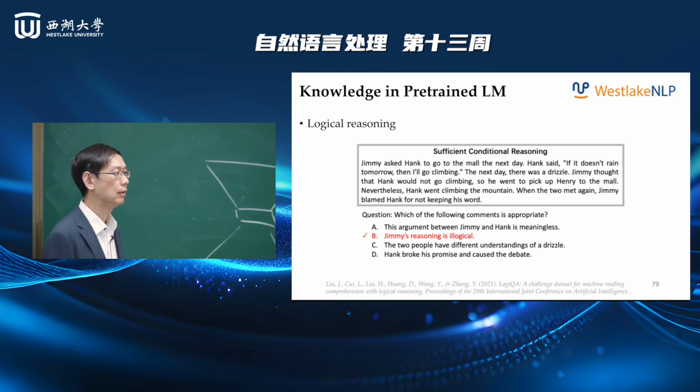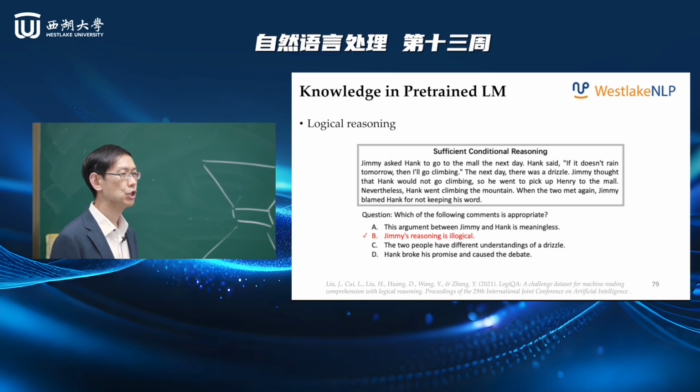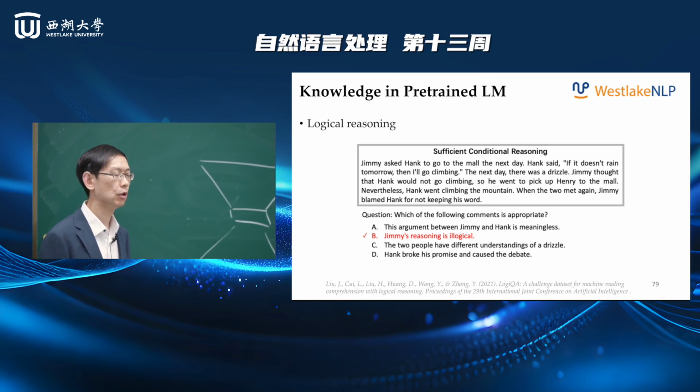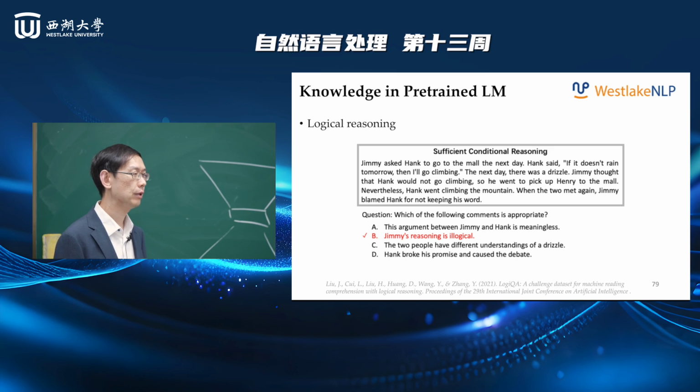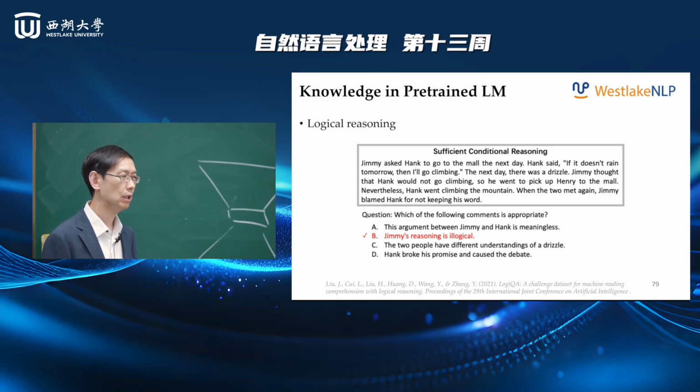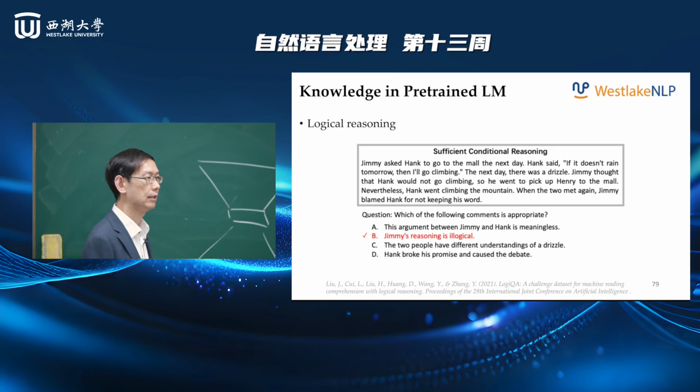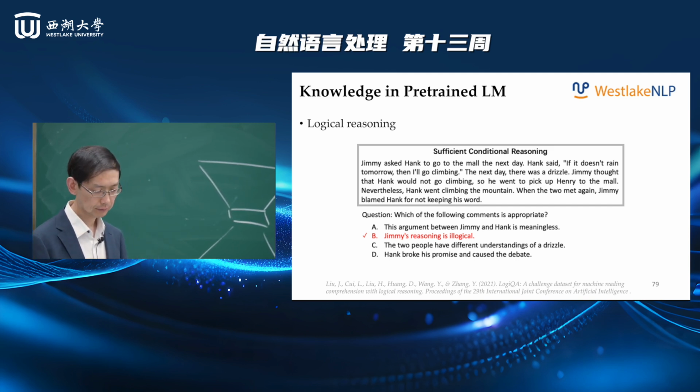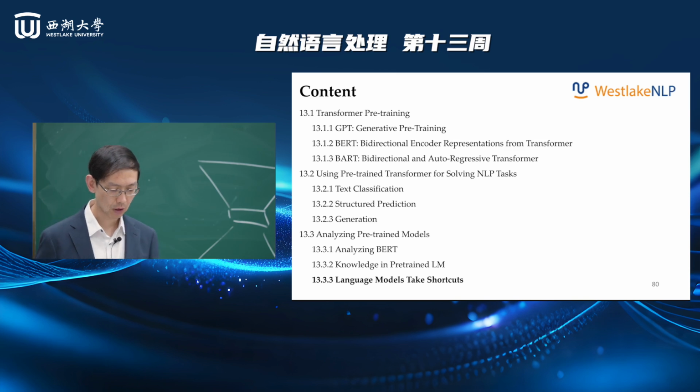And here, they found some challenge in pre-trained language models, okay? Although they contain a certain degree of knowledge, syntax and semantics, they don't do reasoning very well. Actually, they do reasoning very badly.